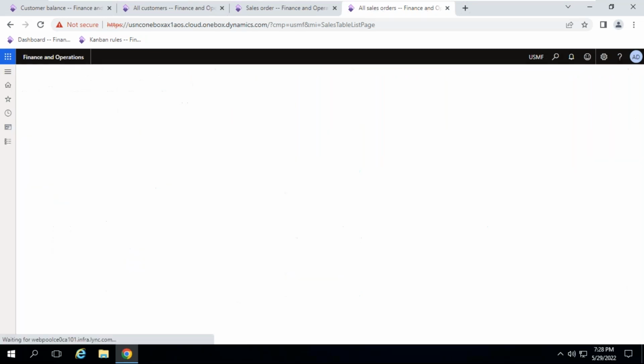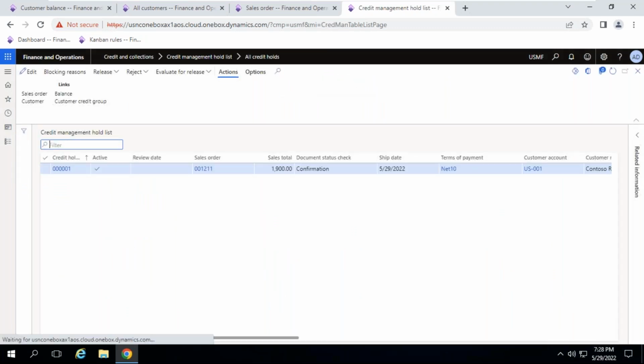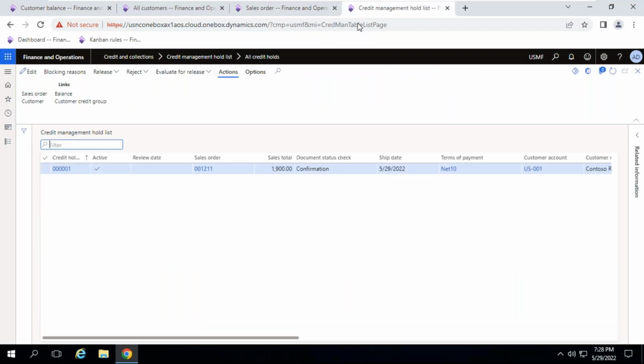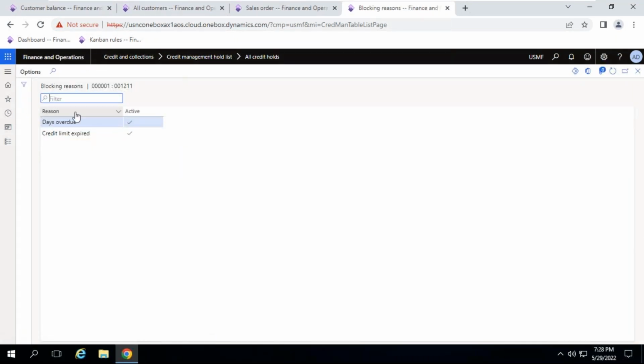You can see all holds here. Whatever we have created, sales order number is 1211. It is lying here. It was blocked. What is the reason? Blocking reasons. One is days overdue, another one is credit limit date expired.